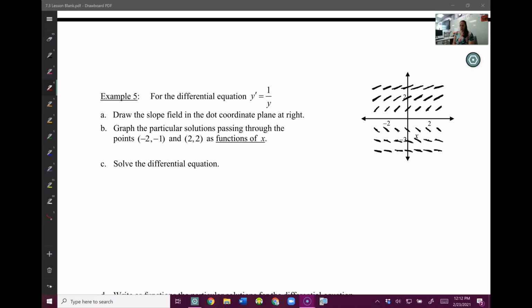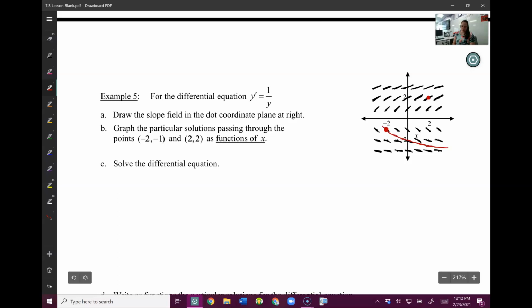Part B, graph the particular solutions passing through the points -2, -1, so passing through that point, and 2, 2, passing through that point. So let's do this one first. Looks like it's going to be something like that.